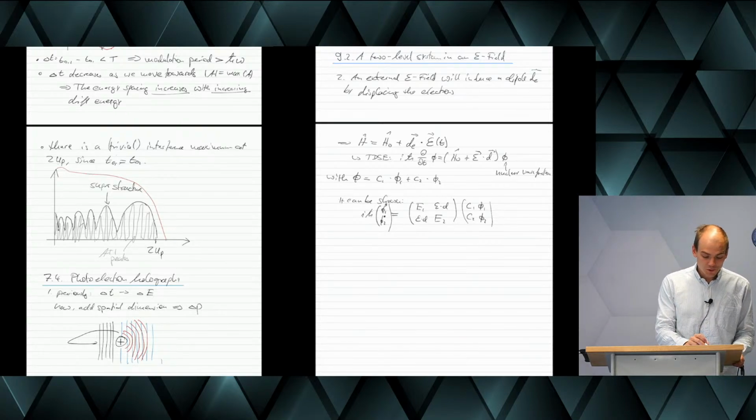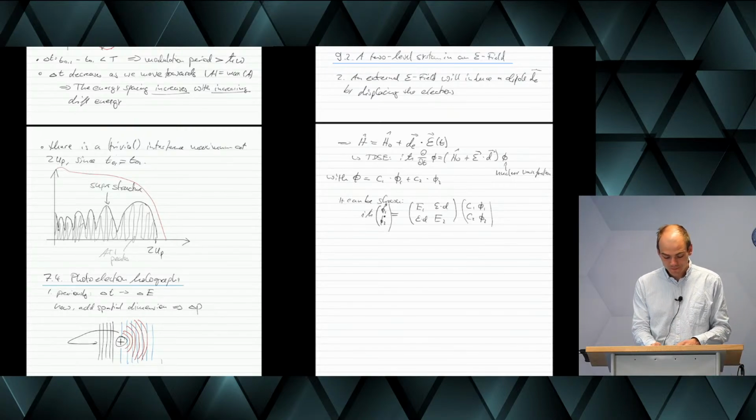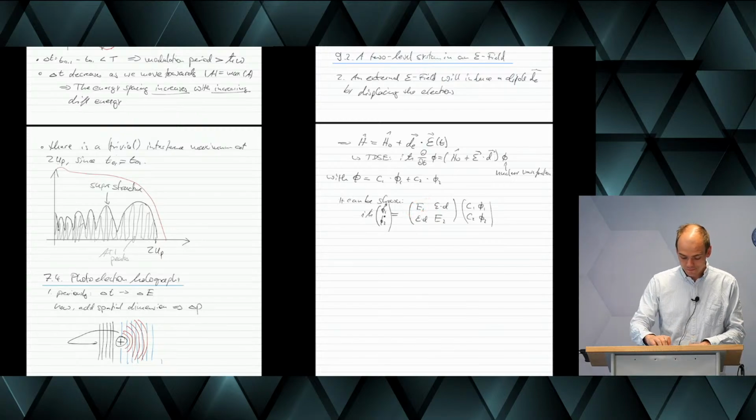If you assume that the electric field is 0, then you simply get 2 separated differential equations, because then you get phi 1 dot equals E1 times C1 phi 1. So there's no time dependence, because this is just the eigenvalue. However, if this is not 0, then you get cross terms.